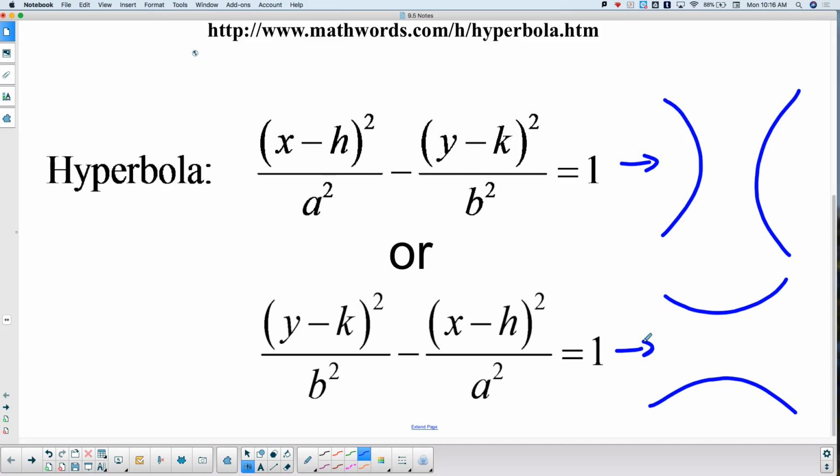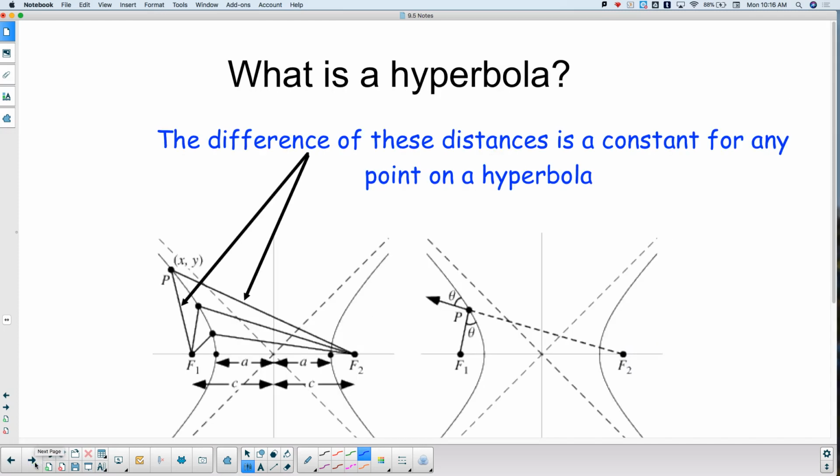The true mathematical definition of a hyperbola is the locus of all points where the distance from any point to the foci, the difference of those distances is constant. Okay?